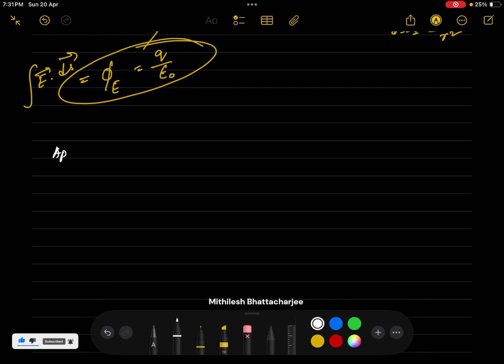Applications of Gauss theorem. So we'll see some applications of Gauss theorem.